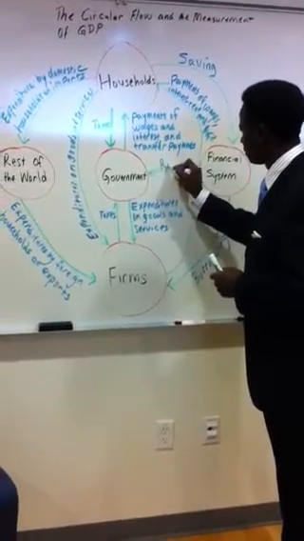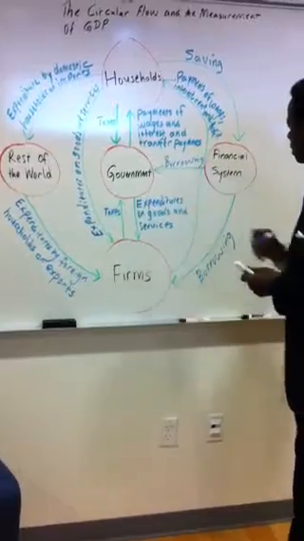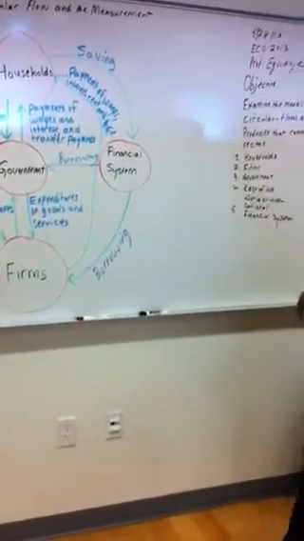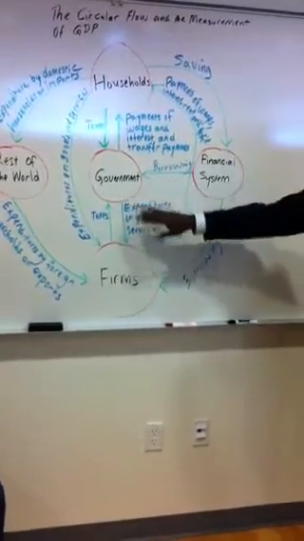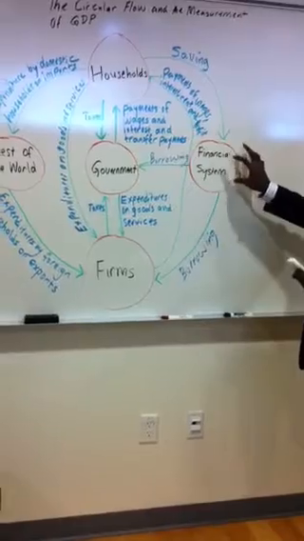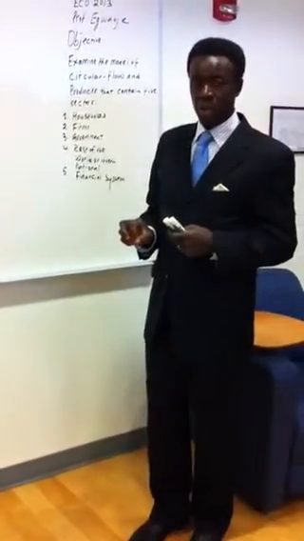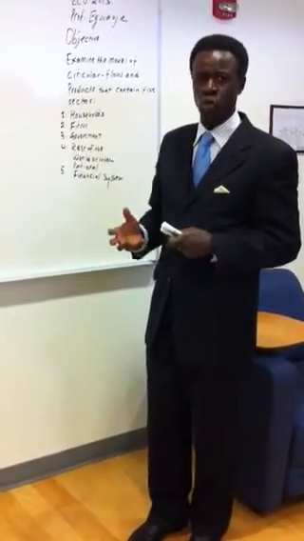Okay. So firms also borrow money from the financial system. And the ability of the government and the firms to borrow money from the financial system depends on the savings of both domestic households and foreign households.